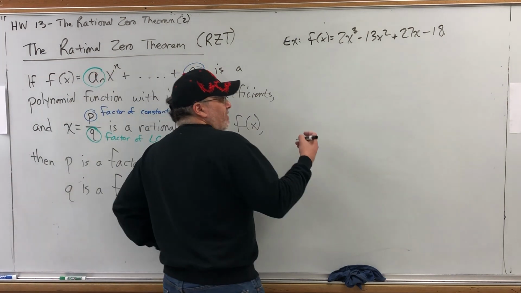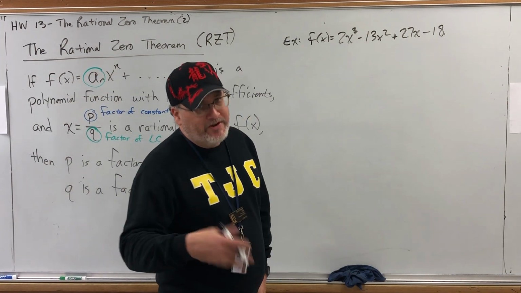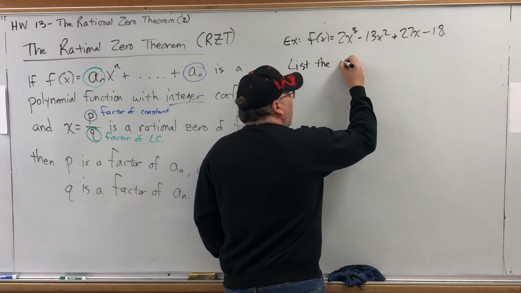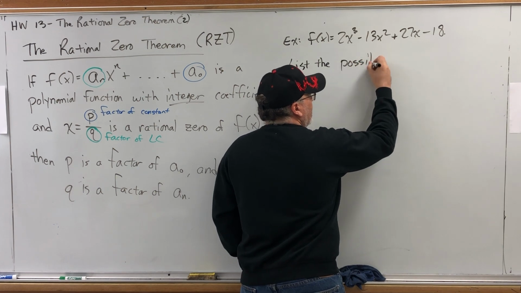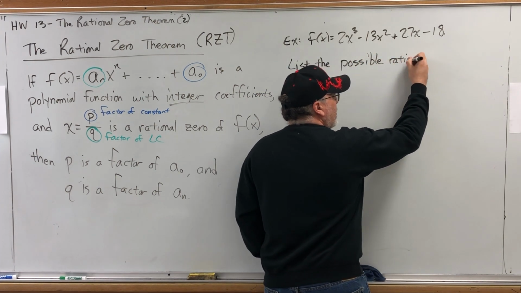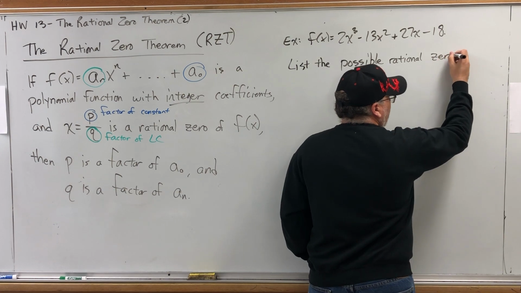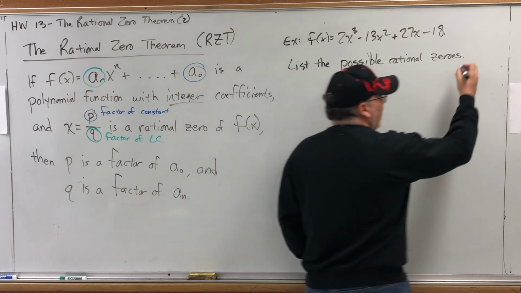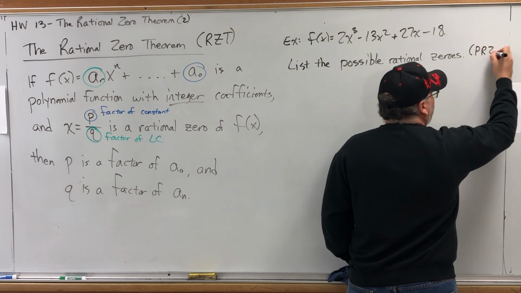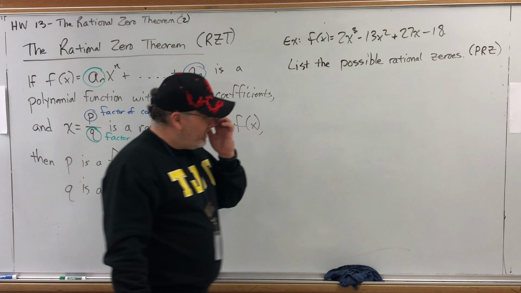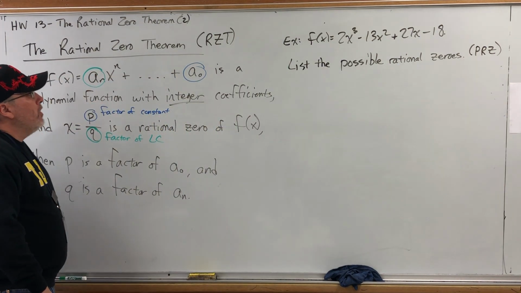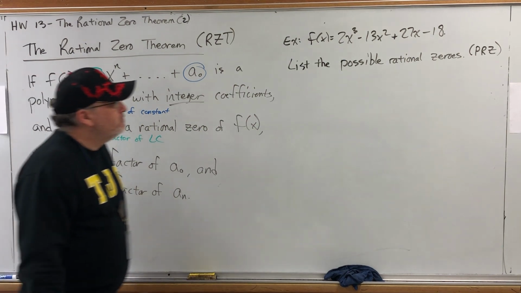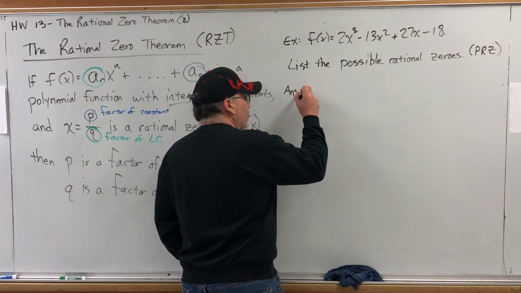So for this problem, instead of actually finding the zeros, which we had already found previously, let's just list the possible rational zeros. And I'm going to be using that phrase quite a bit, so I'm going to abbreviate that PRZ. So PRZ is possible rational zeros. RZT is rational zero theorem, the name of this statement. How do you list the possible rational zeros?